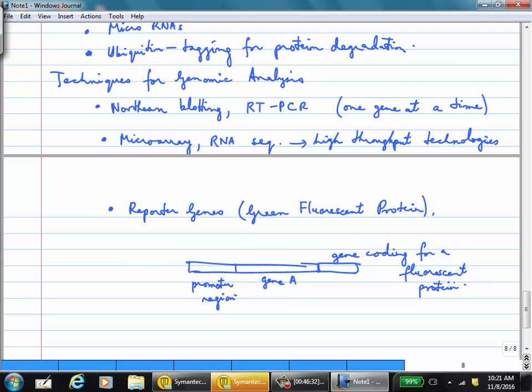You will put this gene, the gene coding for a fluorescent protein, under the control of the same promoter. So what is going to happen is every time that this gene is getting transcribed, even that green fluorescent protein is going to be produced, all right? So you're going to get light and you can track the activity of the cell, all right?